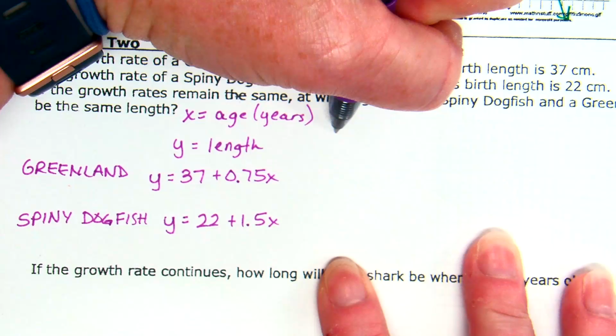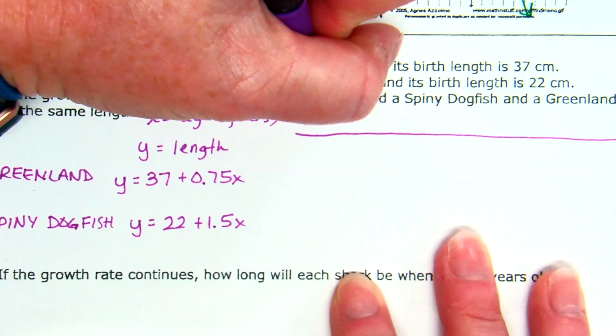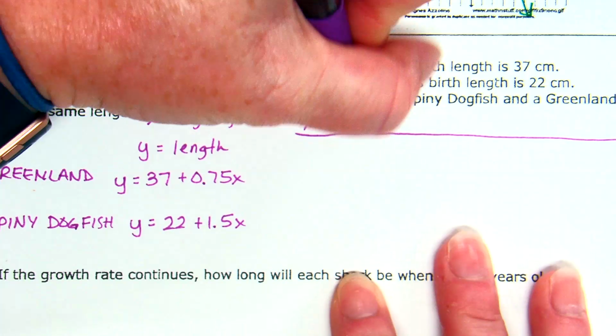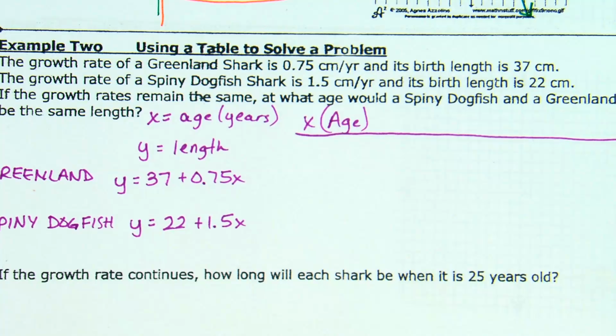In my first column, I'm going to have my X value, my input, which is what's our input? The age, right? Because our age is what we would call the independent variable. It's our input, it's the variable. We can't control the age of the shark, can we?